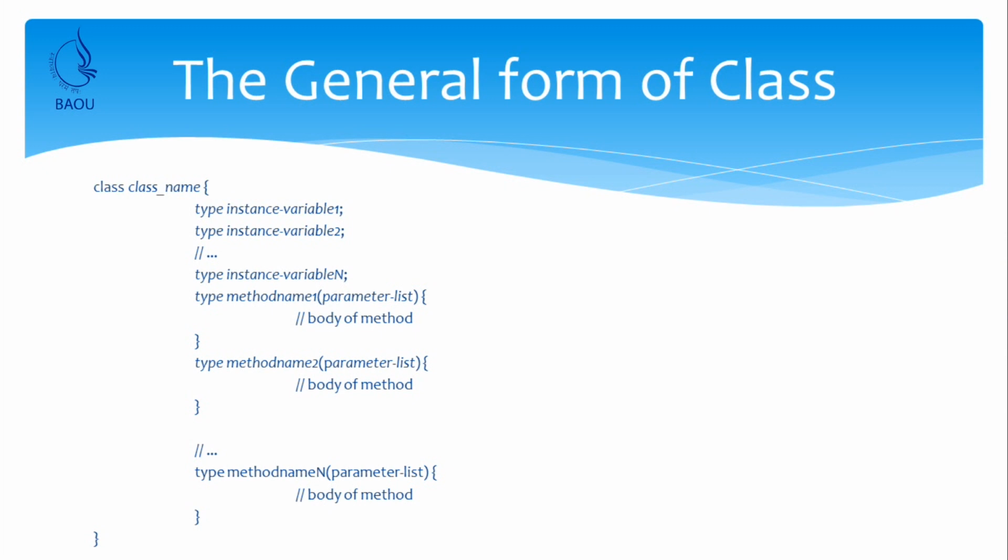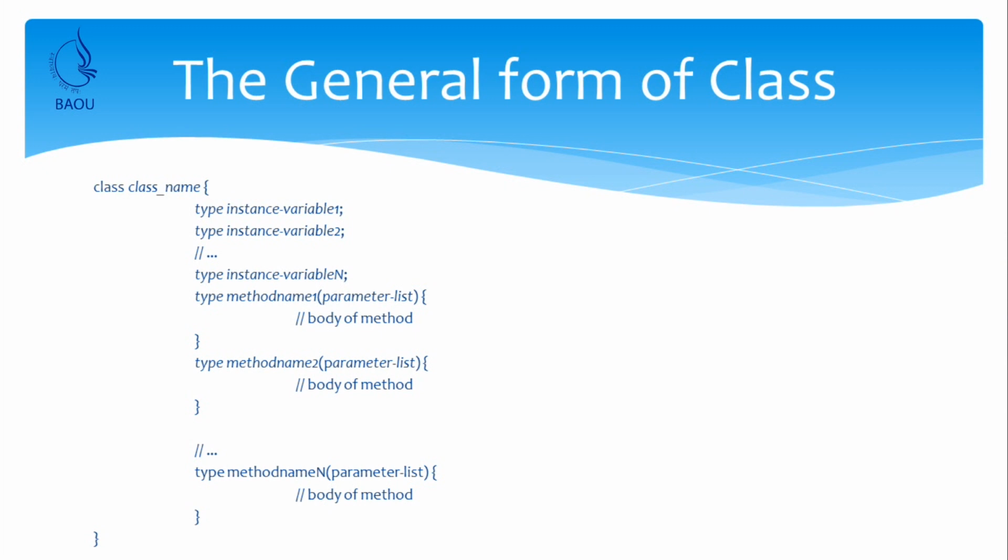Each instance variable has a different type and name. So, type indicates the type of instance variable. We can have one instance variable of one type and another instance variable of another type. So, you can define any number of instance variables inside class, and then we define methods of class.